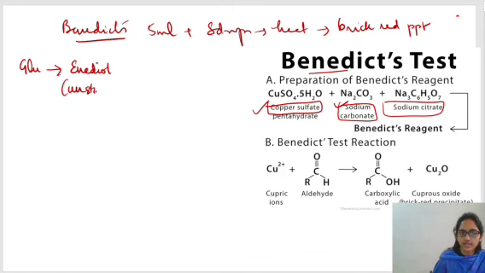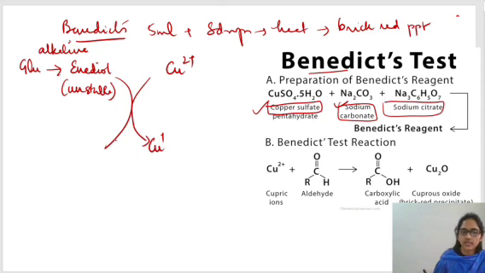Enediol form is an unstable form. In the presence of alkaline medium, glucose is converted to the enediol form. Then the cupric ions get reduced to cuprous ions, which in turn are converted to cuprous oxide.